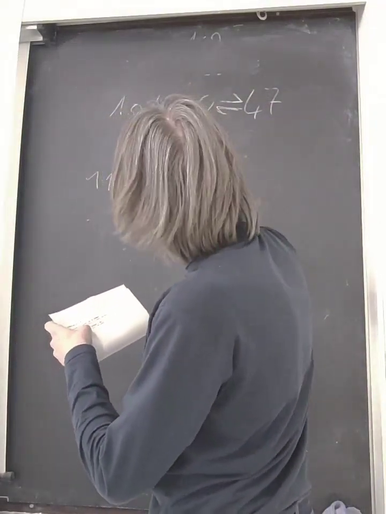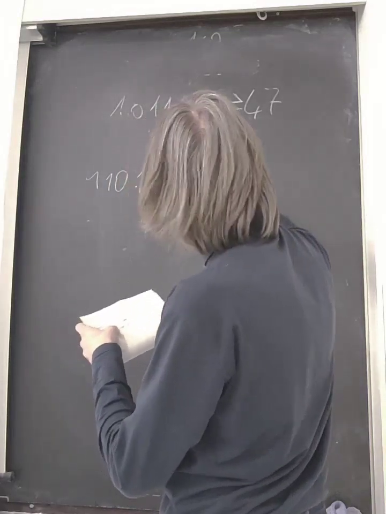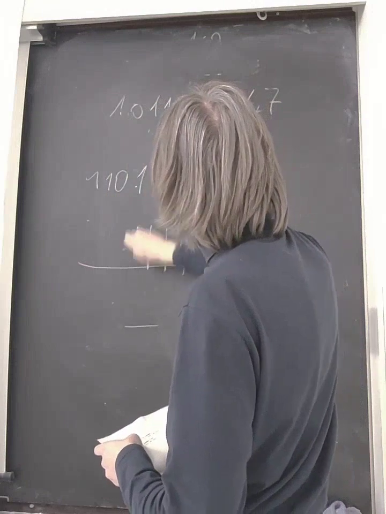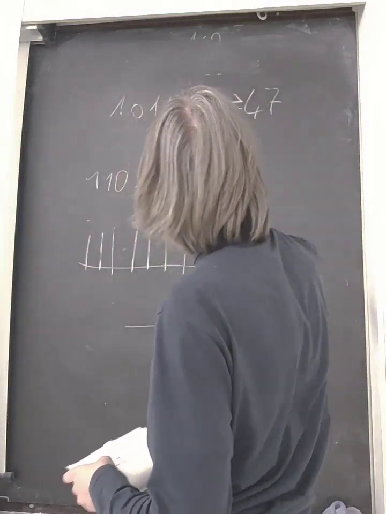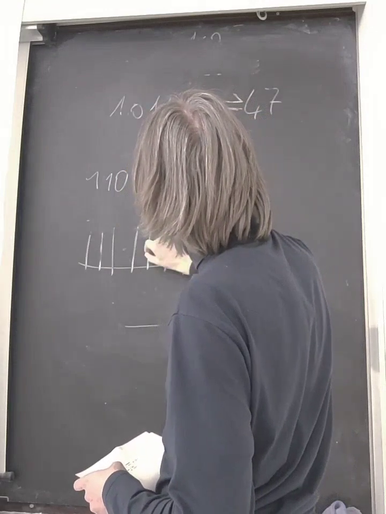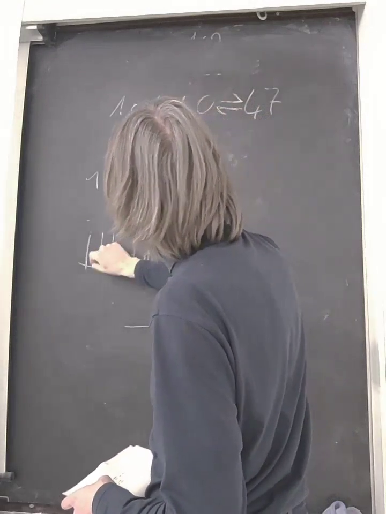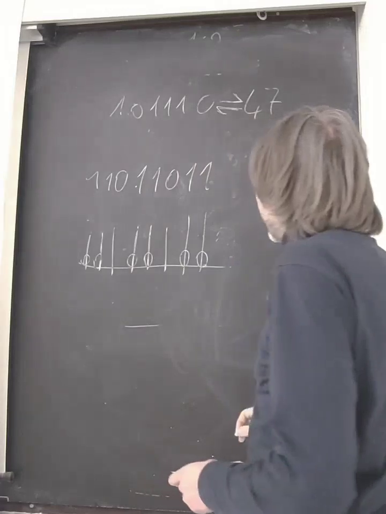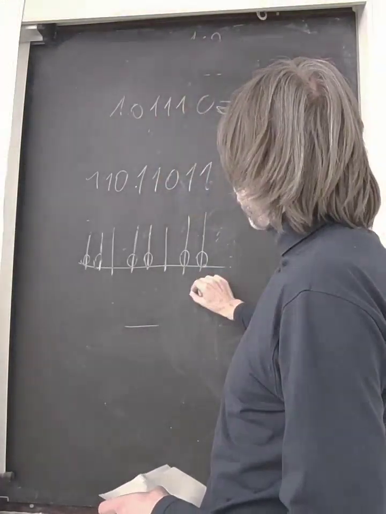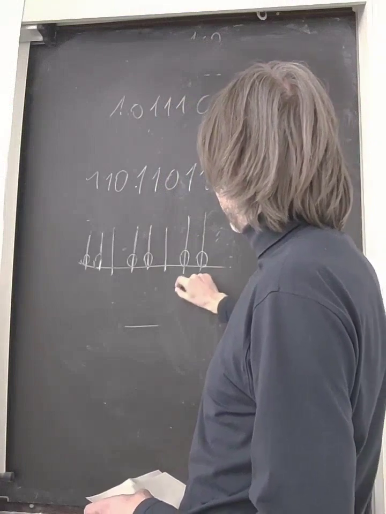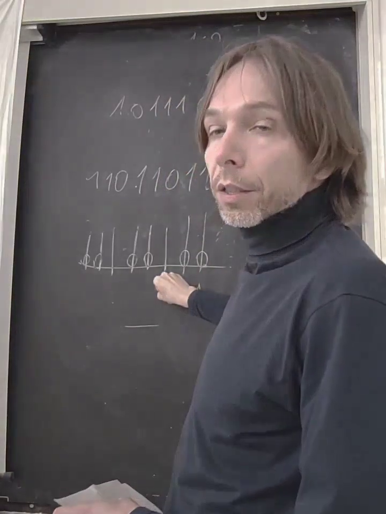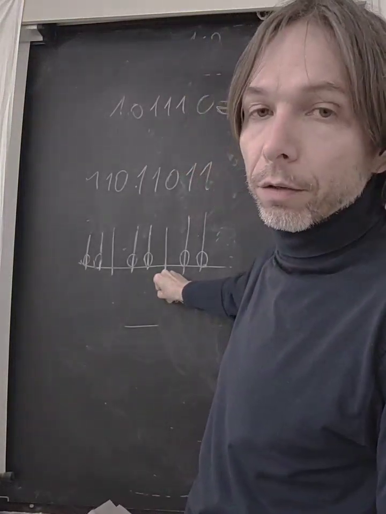1, 1, 0, 1, 1, 0, 1, 1. Okay. One ball, nothing, one ball, nothing, one ball. Values, unities, so 1, 2, nothing, but it would be 4.